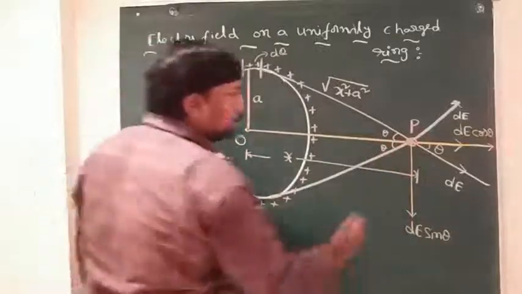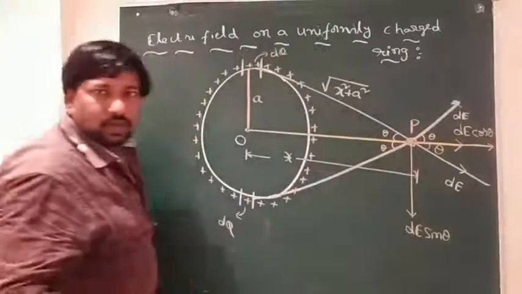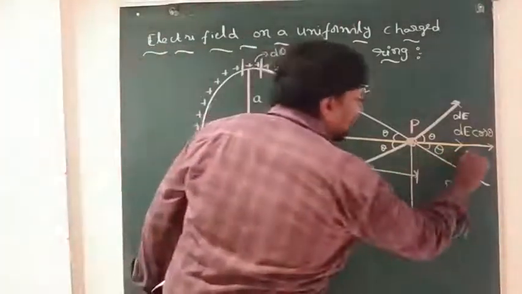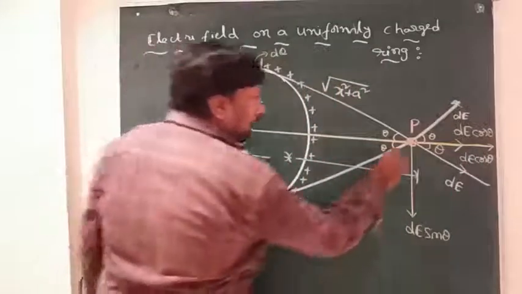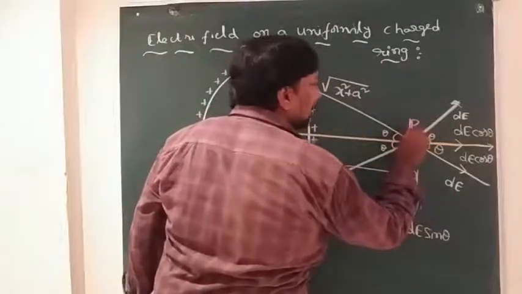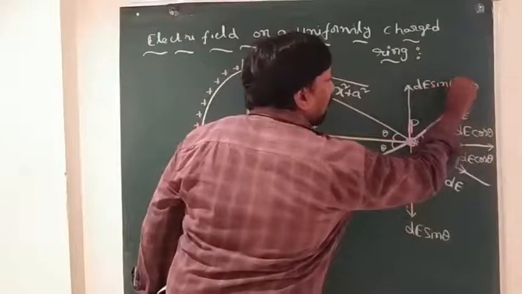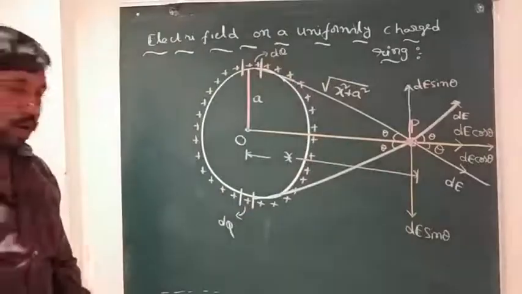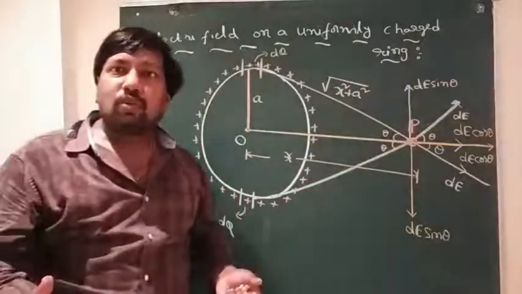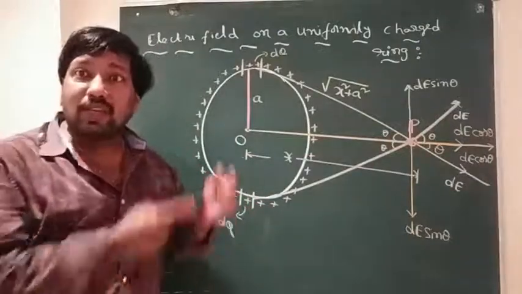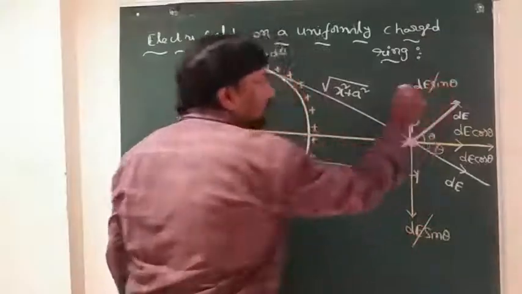Here dE is resolved into two components: dE cos theta along the x-axis and dE sin theta along the positive y-axis. These two sine components are of equal magnitude but opposite direction, so they cancel each other.